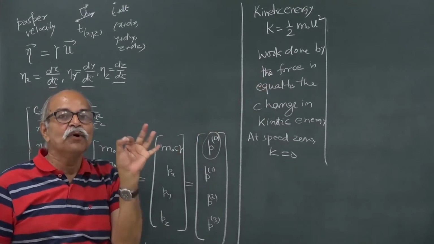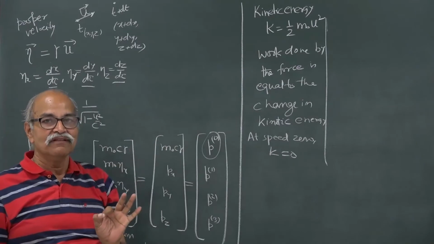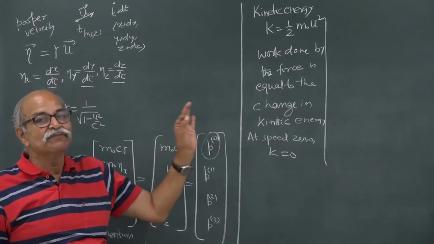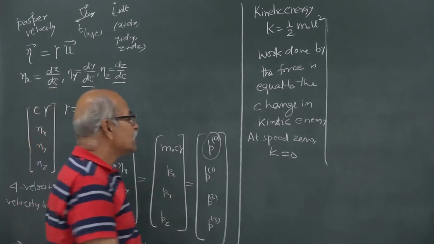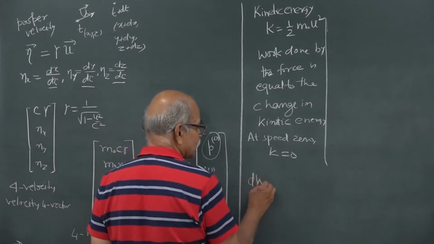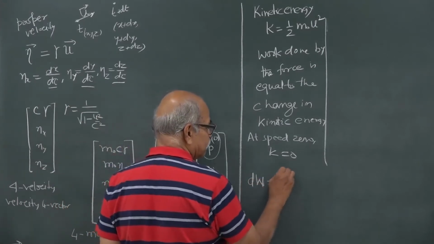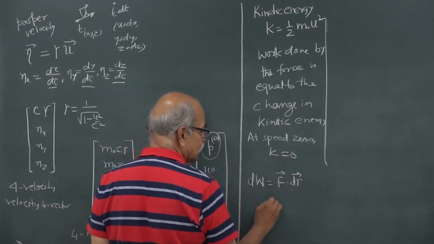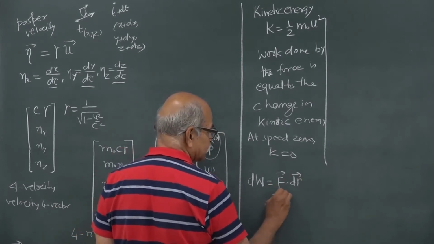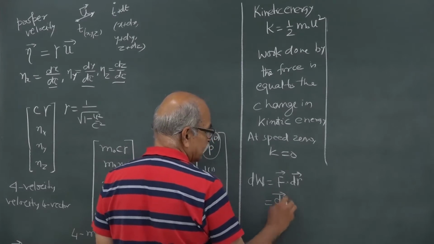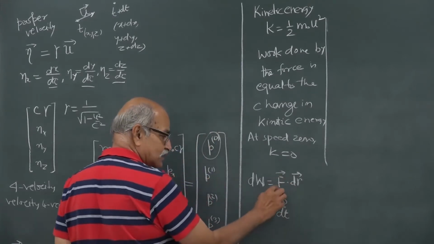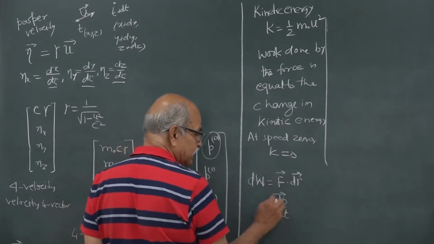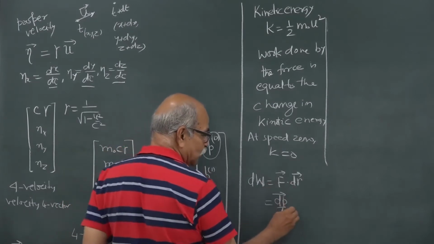So, for a small time interval where there is a small displacement of the particle, the work done dW is F dot dr, and F you can write as dp/dt. This equation also holds for relativistic speed. For any speed it holds.